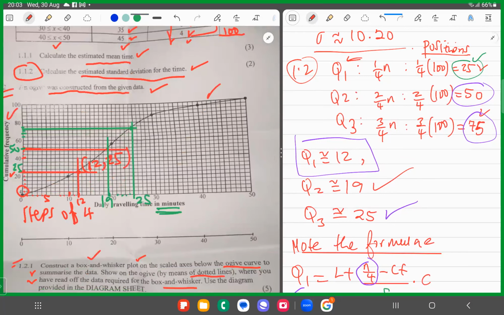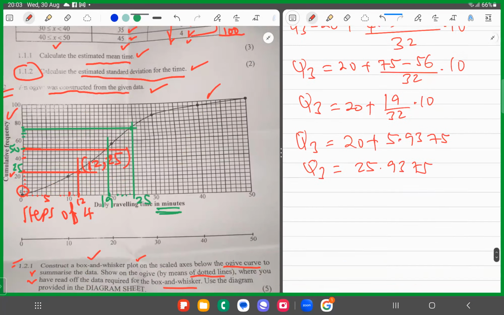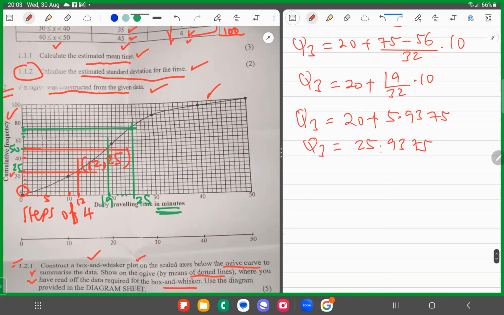We estimated it at position 75, but 25. So Q3 was about 25, and here is a more accurate value. We can get accurate calculations. Okay, 25.93 will be a more accurate value of Q3.